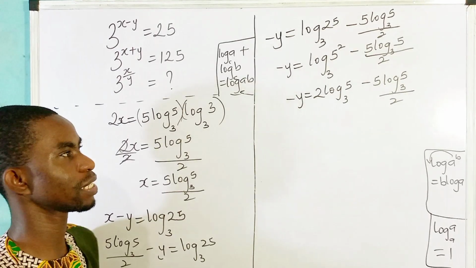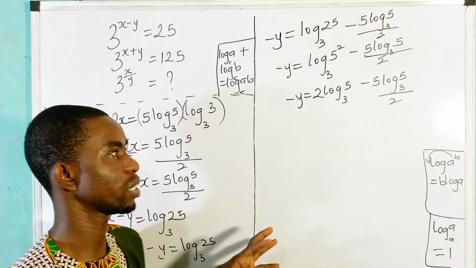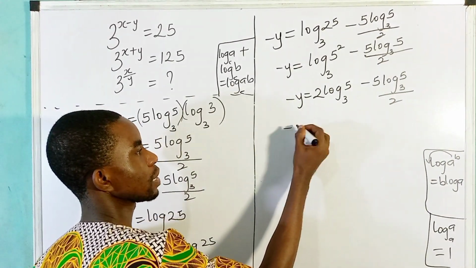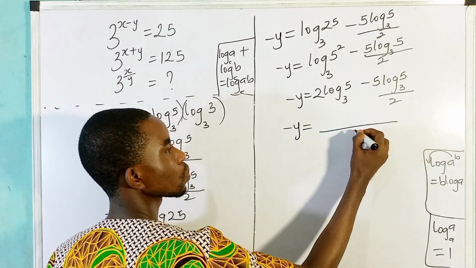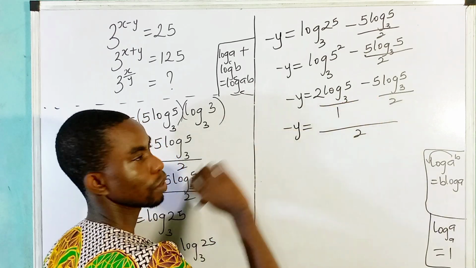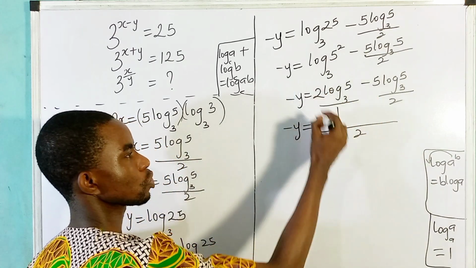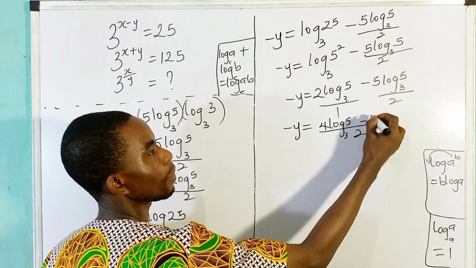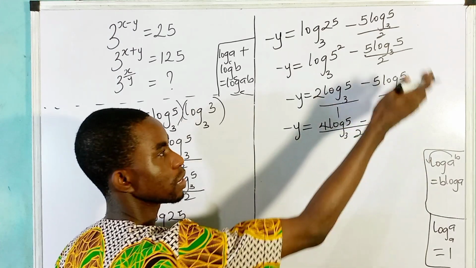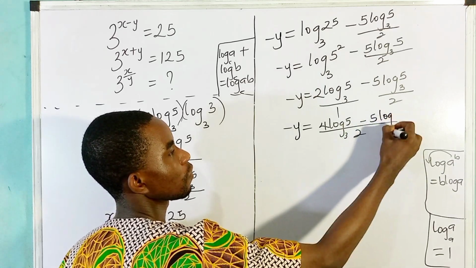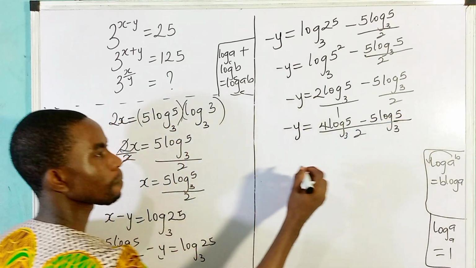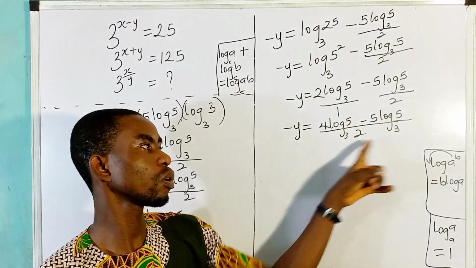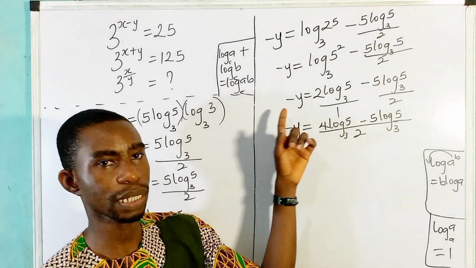So how do we solve this? Well, I want to make them have the same denominator, making 2 the LCM. So it means we have minus y equals 2, because the denominator here is 1. 2 divided by 1 is 2, 2 times 2 is 4. So this is 4 log 5 base 3, minus, this is already 2 divided by itself, 5 log 5 base 3. Now 4 minus 5, because they have the same logarithm term and same logarithm base, we can subtract them.